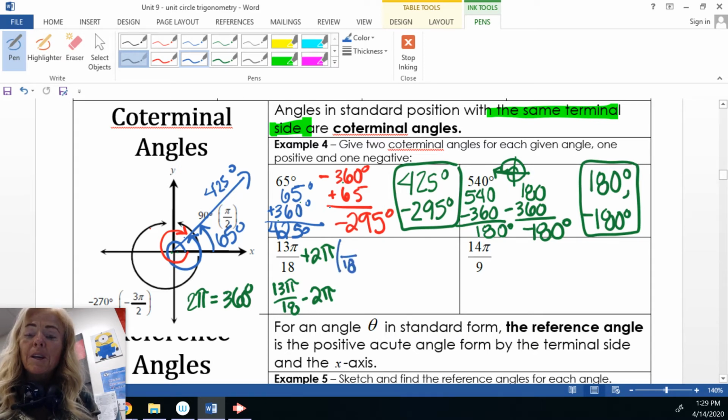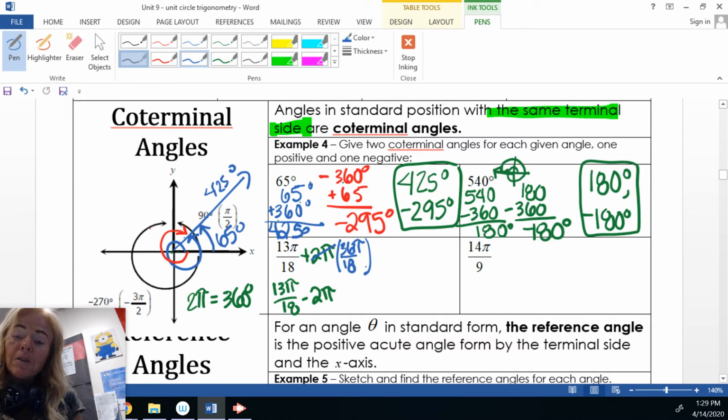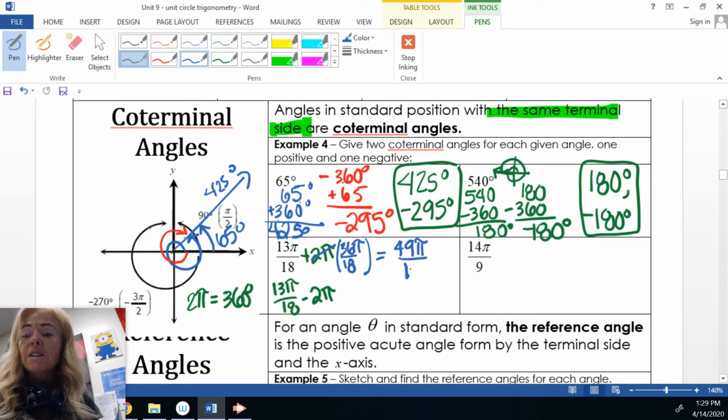So that means we multiply top and bottom by 18. 18 times 2 pi is 36 pi. So 2 pi is equivalent to 36 pi over 18, and when we do that, we have a common denominator of 18 and we can add. So that makes 49 pi over 18. And that is one of our positive coterminal angles.